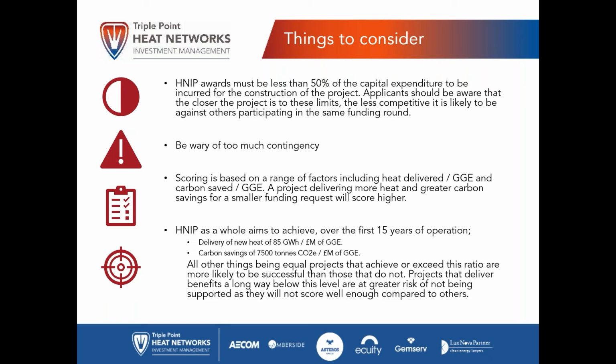It's worth being aware that the closer you come to this 50% limit, the less competitive you're likely to be against other projects within the funding round. So it's definitely not a target. Be wary of having too much contingency within your project. You are able to include contingency in your costs, but be wary of having too much there.